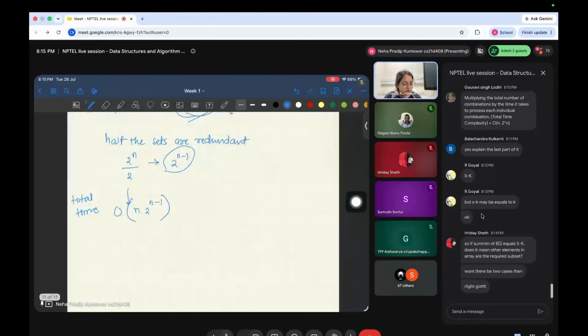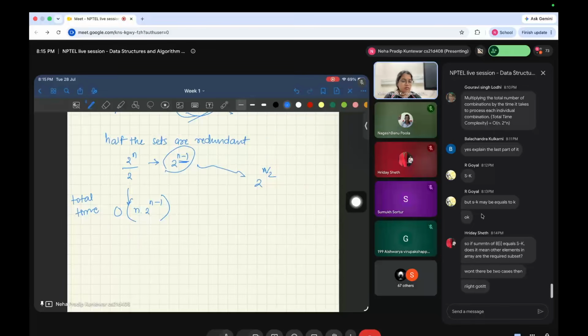Let's say I don't want this to be 2 to the n minus 1, I want this to be 2 to the n by 2, so that the total running time becomes smaller. So can you think of something cleverer?